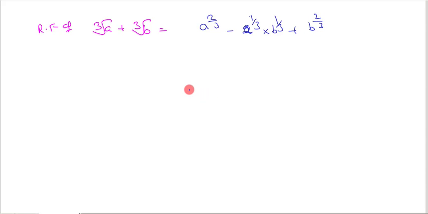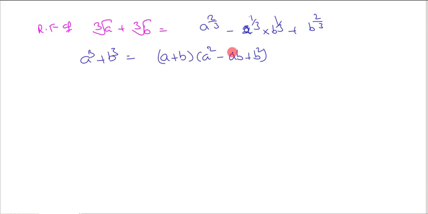Here if you observe, this is similar to one important formula in algebra, that is of a cube plus b cube is equal to a plus b of a square minus ab plus b square. It is similar to this one.